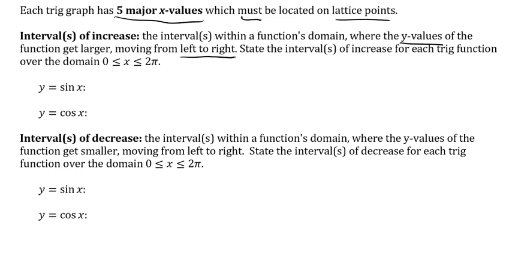So I'm moving left to right along the graph. What's the behavior of my function on my graph? Are the y's getting bigger or are the y's getting smaller? Okay. So for sine, we're just going to do from 0 to 2 pi because they're periodic, so they'd repeat.